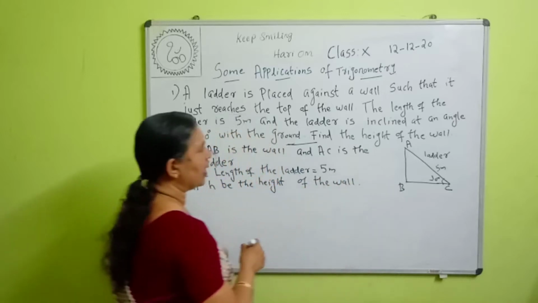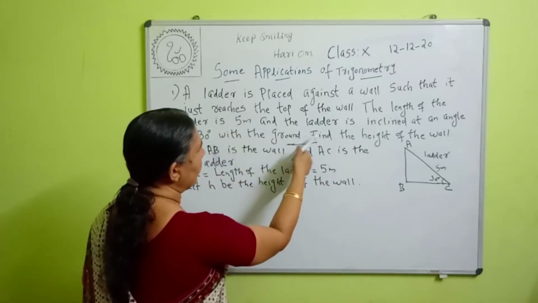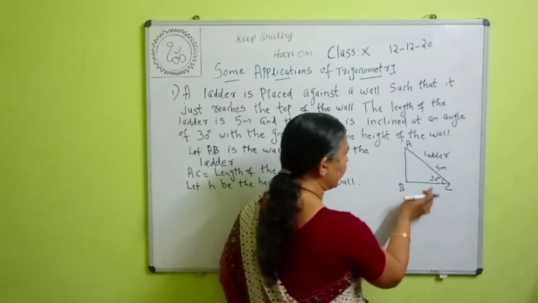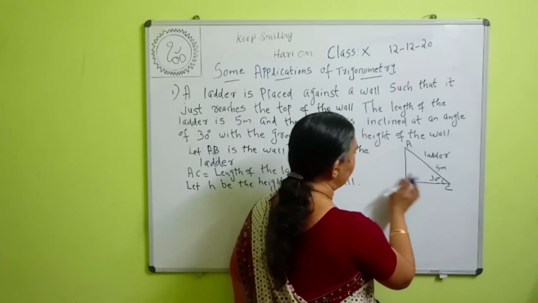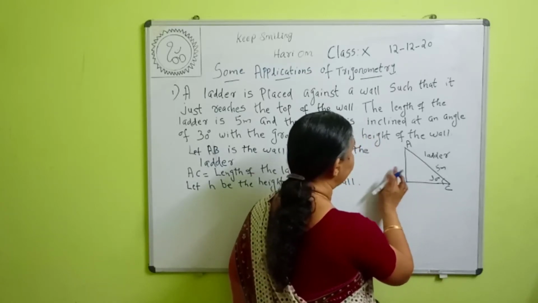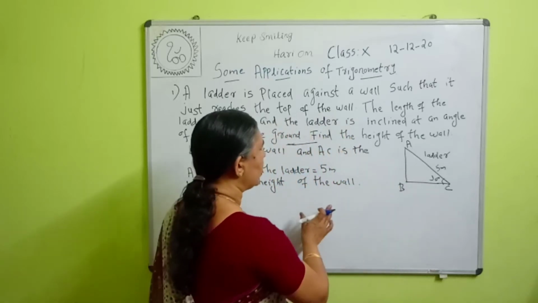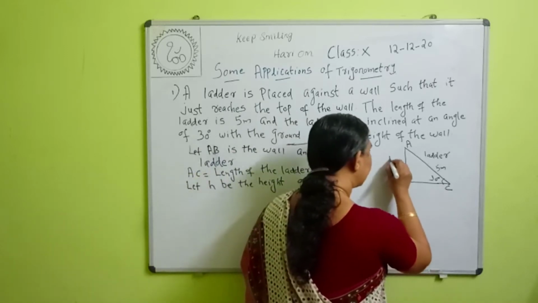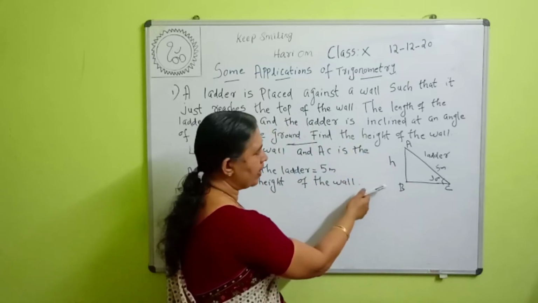Here one angle is given. The ladder is inclined at an angle of 30 degrees with the ground. The angle of elevation is given and you are asked to find the height of the wall AB.